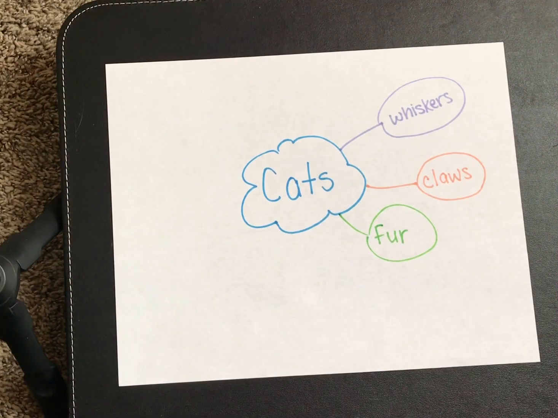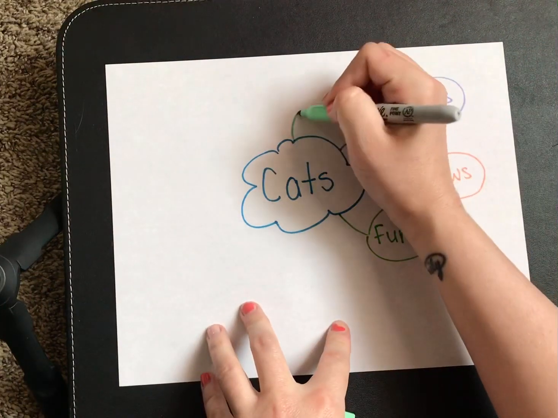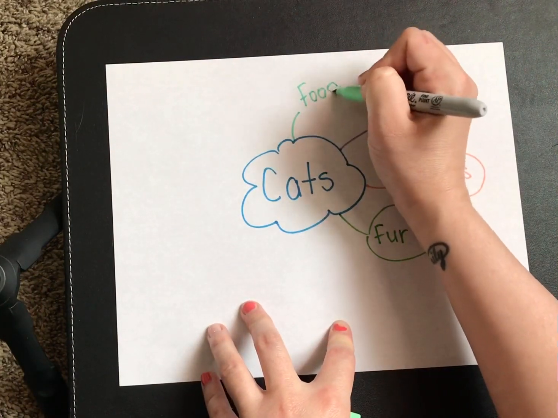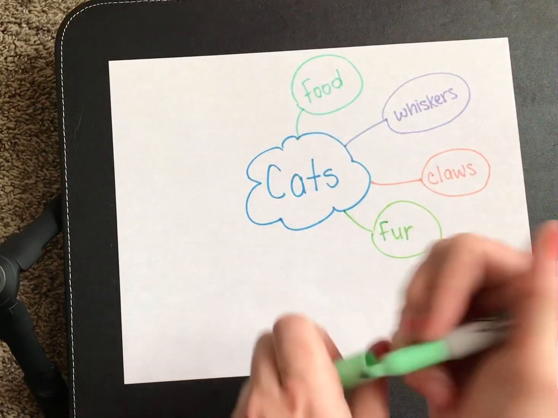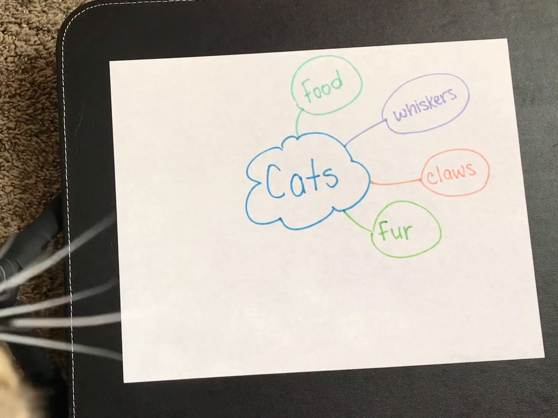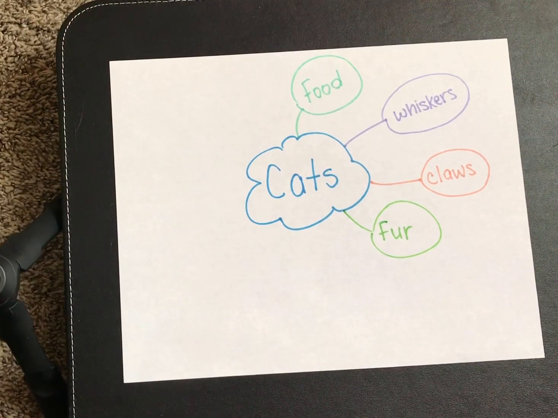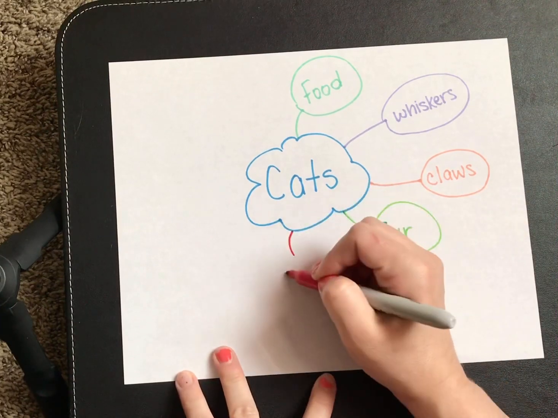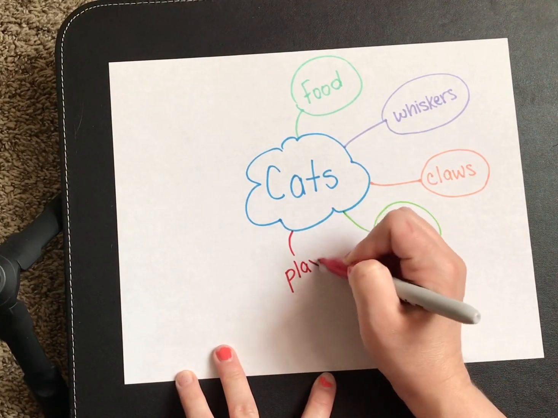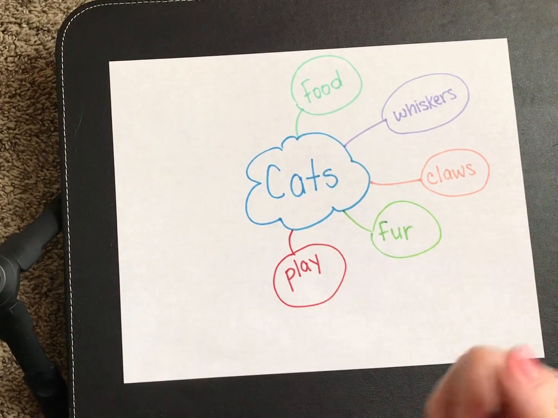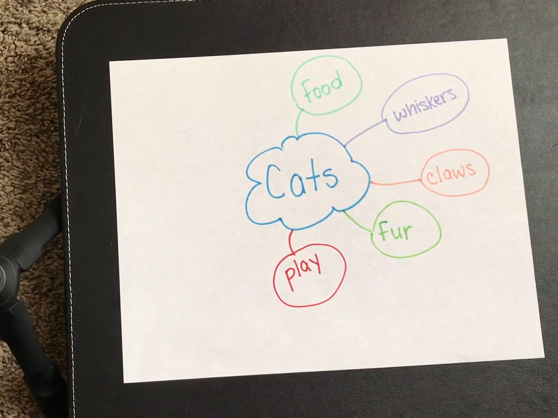I could talk about the food that they eat. I could talk about how important it is that they play, because that helps stimulate them and that helps make sure that they're continuing to be hunters even in your household. It keeps them in shape. It does all kinds of good things for them.